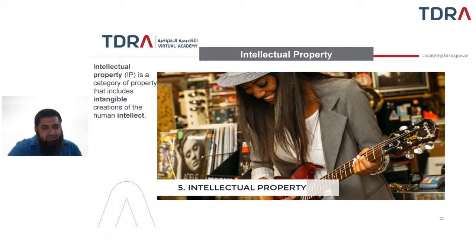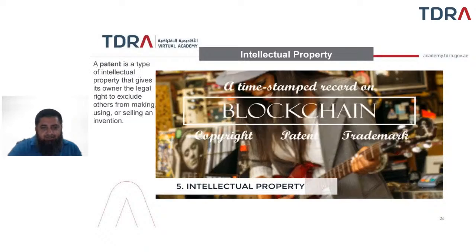Whenever any person finds them, they can check which individual this intellectual property belongs to. That makes things more reliable and more secure by bringing in the blockchain. A time-stamped record on a blockchain can be made, which makes that product copyrighted, patented, and also a trademark affiliated to its owner.